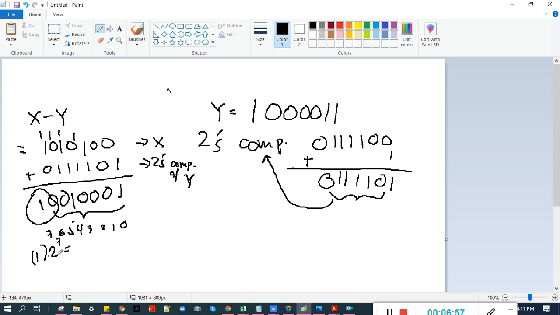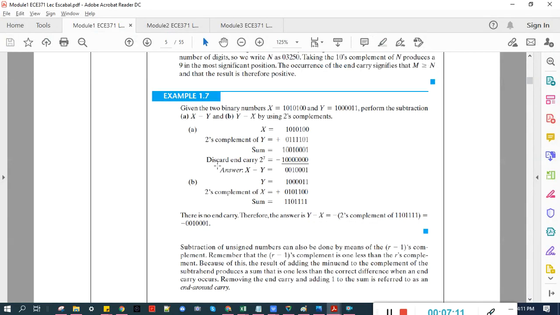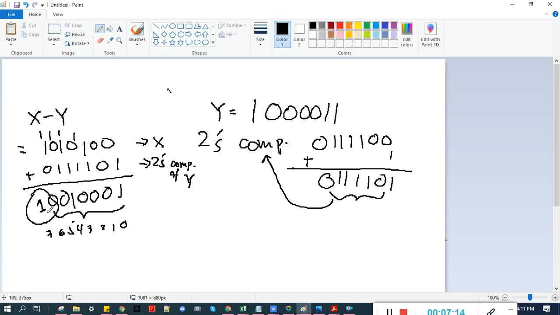If we are to convert it to decimal, what we just need is to discard this bit. So we subtract this end carry.